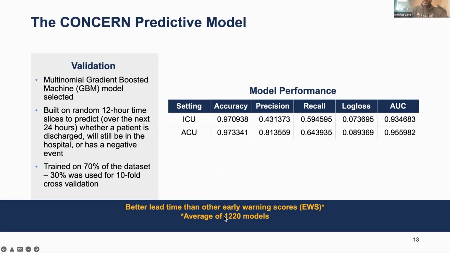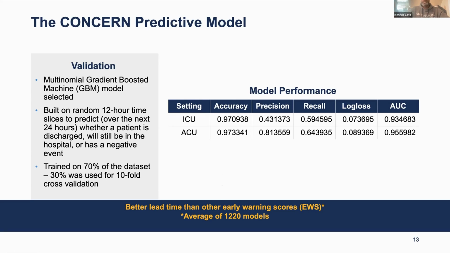And we have over 1,200 models when you think about how we broke it up: a set of models for the two settings, ICU and med-surg, then 24 models for each hour, and then different models depending on how long a patient has been in the unit and how long a patient has been in the hospital.